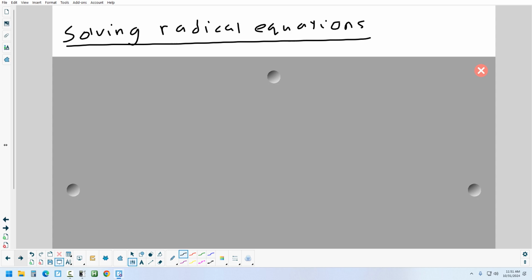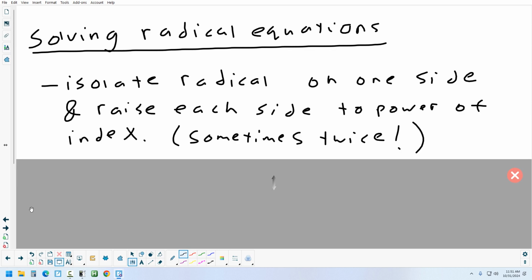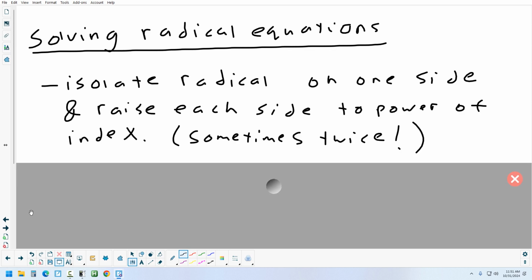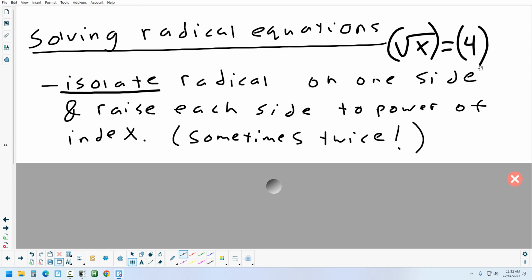Okay, so last thing. Solving radical equations. The biggest thing we have to make sure we do when we are trying to solve a radical equation is you need the radical alone. It has to be by itself. And then, once it's by itself, like let's say you had this, to get rid of a radical, you have to raise each side to a power.